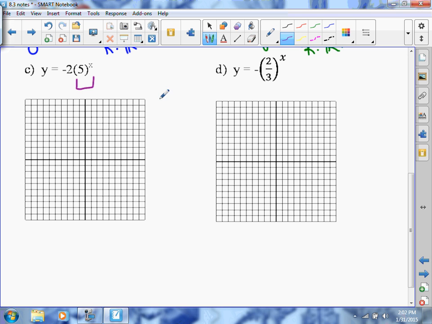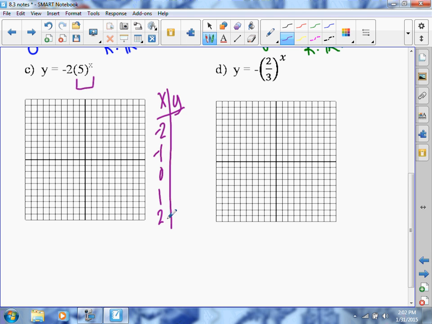Again, we can pick some negatives and some positives. We want to do that because we want to make sure that we're representing all values on the number line on the x-axis. Okay? So let me start down here with the 2.